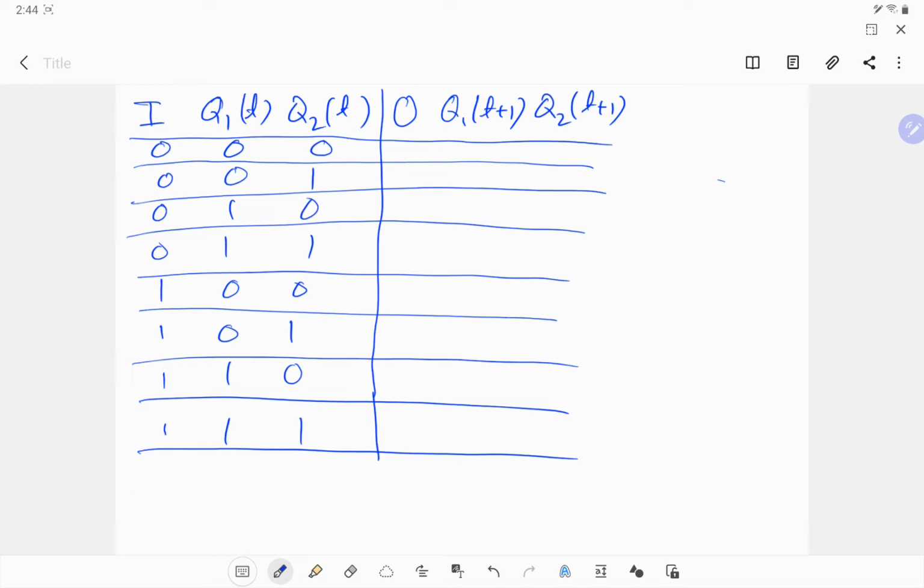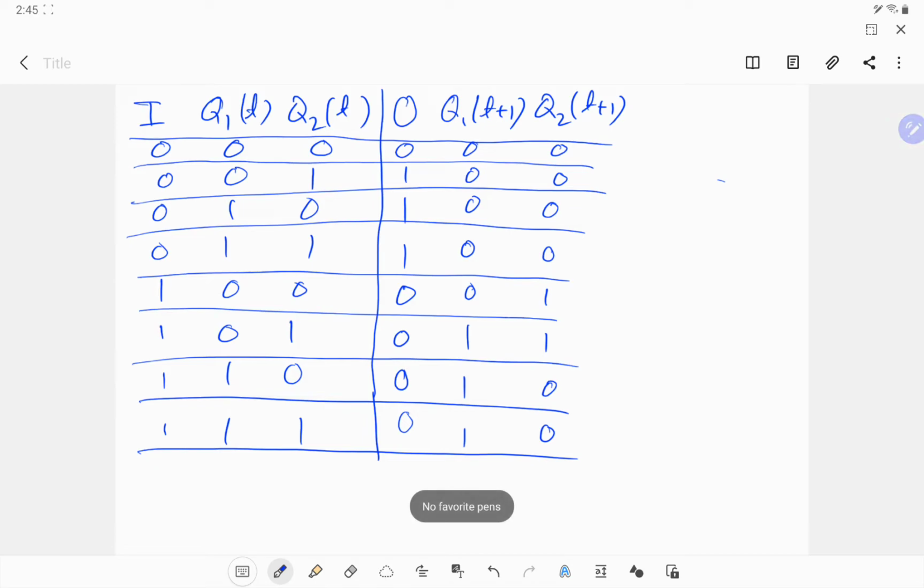On the other side we have the output column 0 1 1 1 0 0 0 0, then the next state values 00 00 00 00 01 11 10 10. So this is the state table, and we want to find the state diagram.